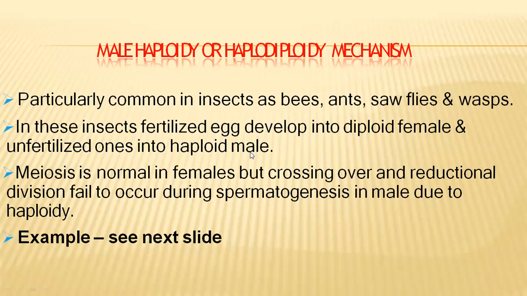So here the sex of the individual is decided by whether it is a haploid egg or a diploid egg. Haploid eggs develop into males and diploid eggs develop into females. In these organisms, meiosis is normal in females, but crossing over and reduction divisions fail to occur during spermatogenesis in males due to this haploidy.